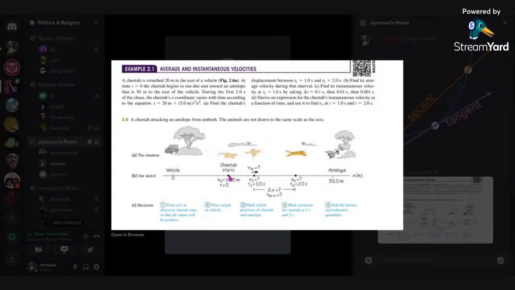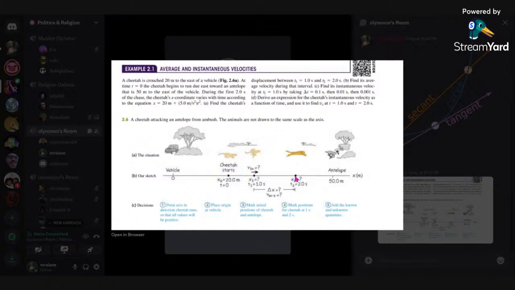Well, we don't care about the 20. We know that at t0, the speed was 0, and we know that it accelerates constantly at 5 meters per second. So after 1 second, it's at 5 meters per second. So v1x is 5 meters per second.